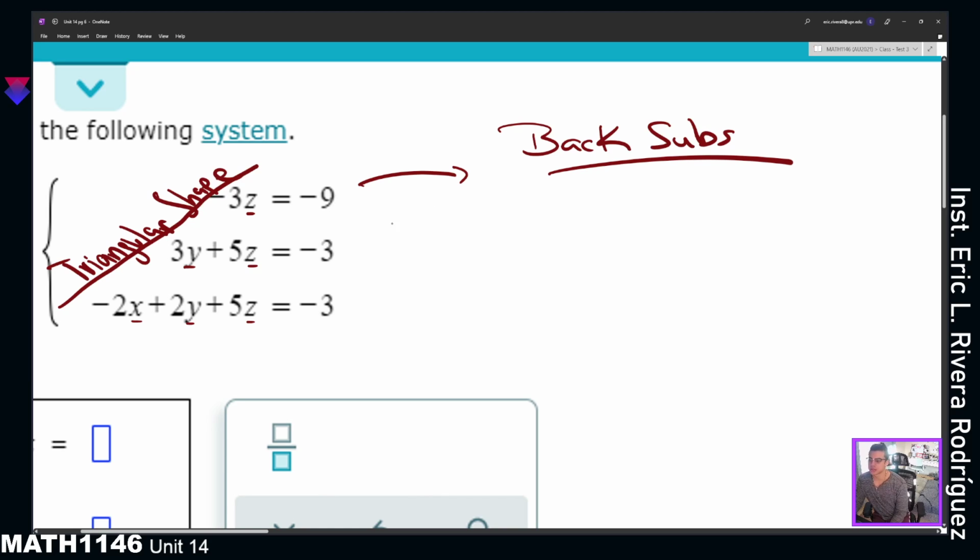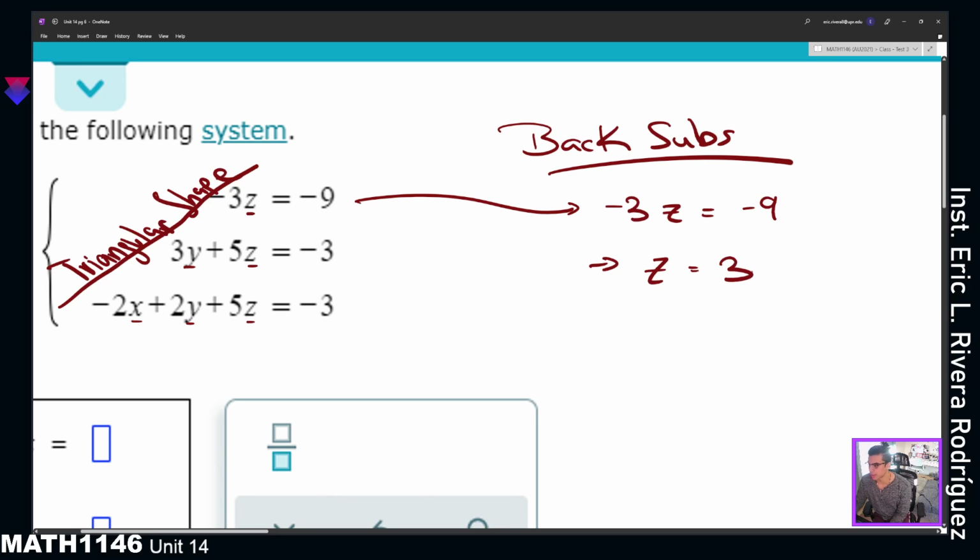Okay, so back substitution means that we are going to take the first equation, the equation with just one variable, and we are going to solve for that variable. So here, when we divide both sides by -3, we are going to have z equals +3.